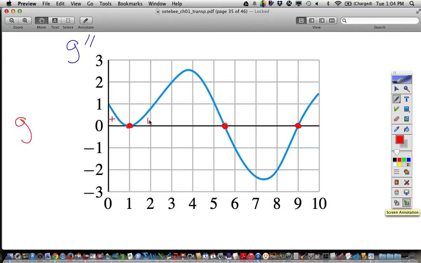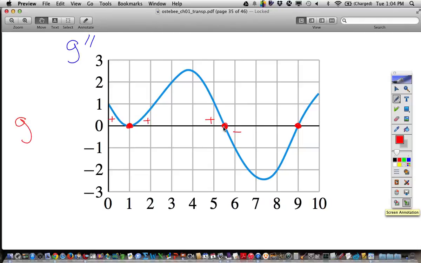Positive stays positive. Right? So therefore, what's G doing? Concave up, staying concave up. If G double prime is positive and stays positive, the graph stays concave up. There's no switch in concavity right here.